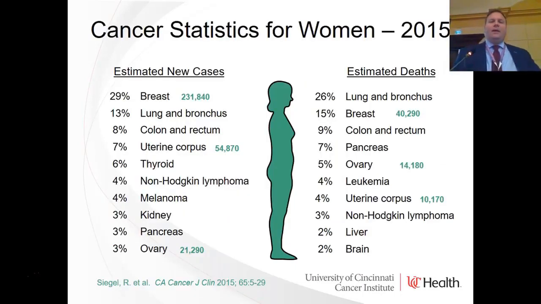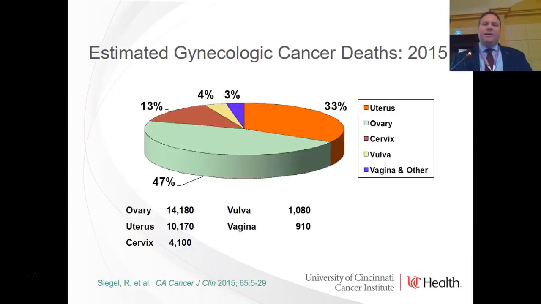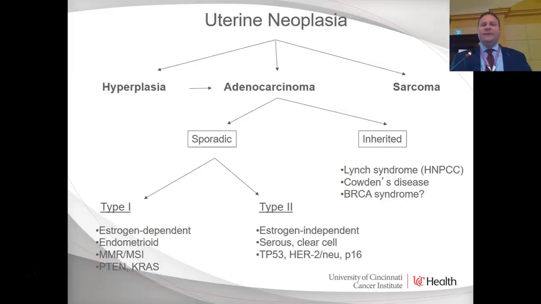So, in the United States, uterine cancer is the fourth most common malignancy in women, but the seventh most common cause of malignant deaths. It represents about 56% of new cases of gynecologic cancer and is responsible for about a third of the GYN cancer deaths.